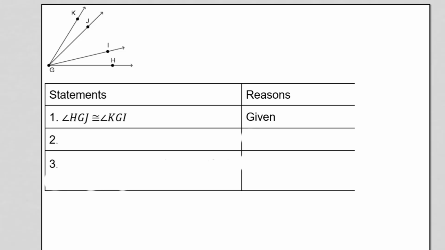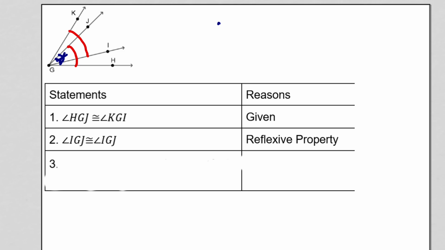And in this one, the given is that HGJ, which is this angle, is congruent to this angle. And you can see they have this overlapping portion in the middle. So the trick is going to be to say that middle part is congruent to itself. And then when you subtract them away from both sides, so we say the middle part's congruent to itself by reflexive.